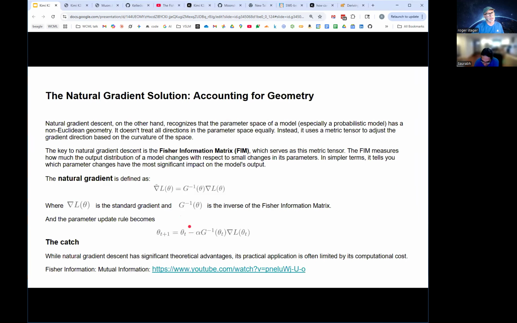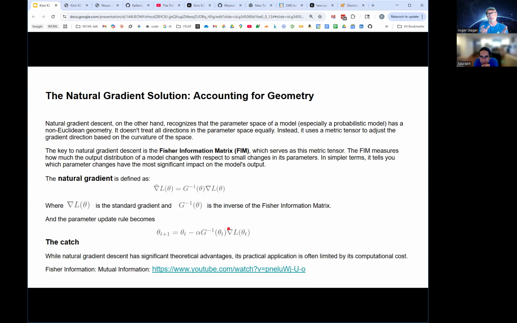There was another one that we talked about a while back, probably a couple of years ago, where we talked about natural gradients. It has to do with this Fisher information matrix, where you can essentially scale the parameters or scale the updates.